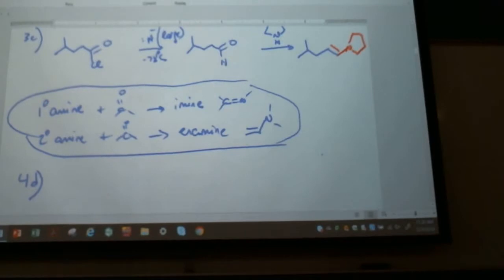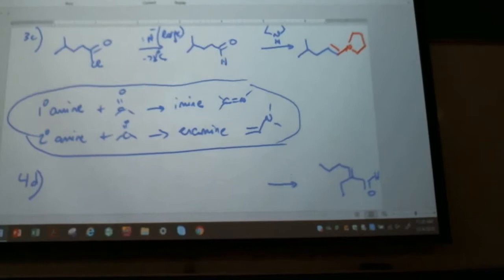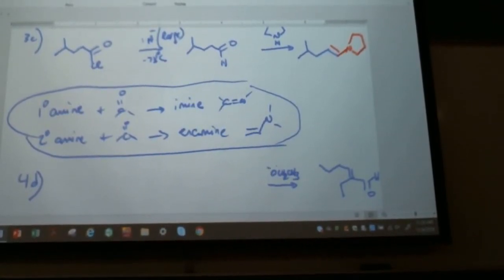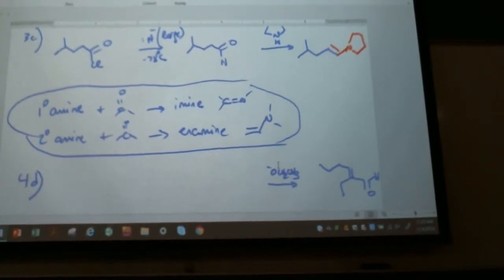Okay, so this is again acidic. The base here is just so that you equilibrate between the ketone and enol form.